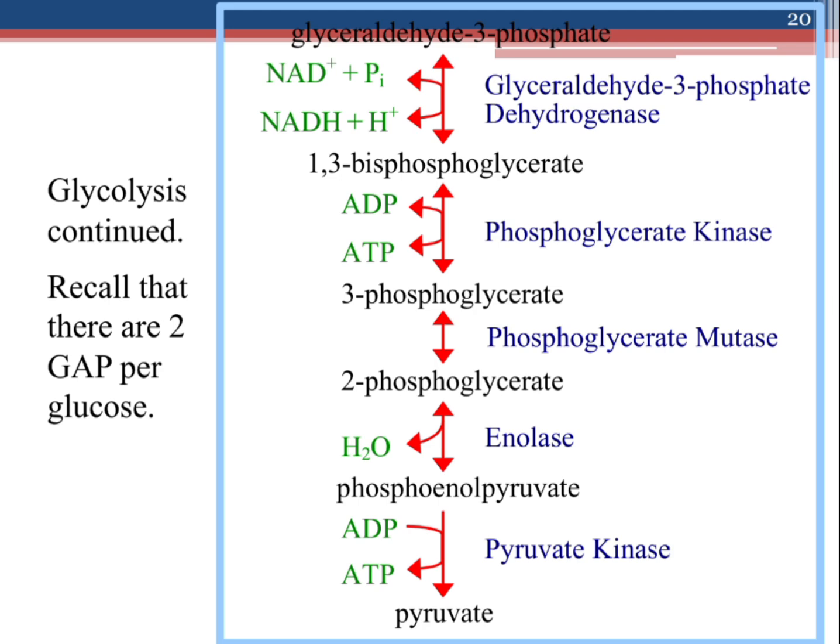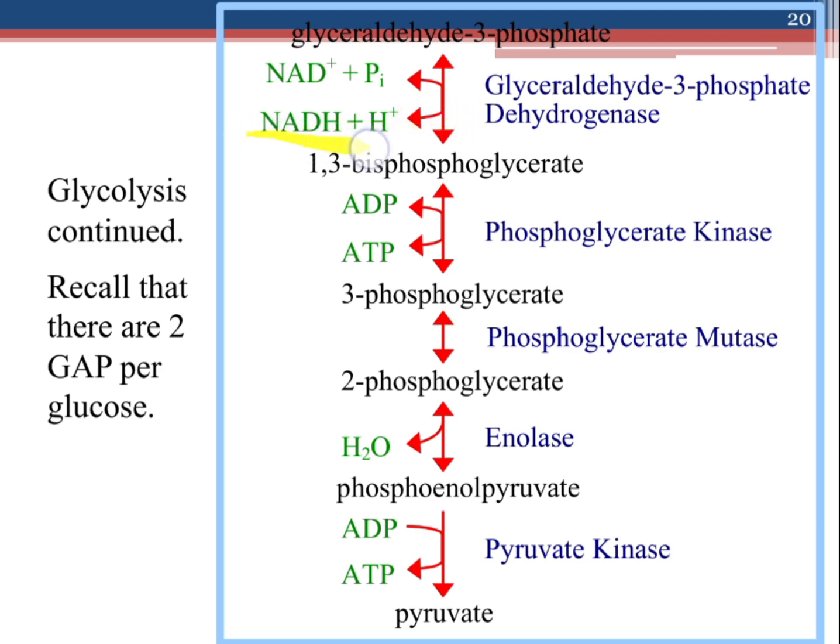What happens thereafter is that glyceraldehyde 3-phosphate undergoes an oxidation reaction, where we can see it getting rid of protons, and these protons are being used to reduce NAD into reduced NAD.